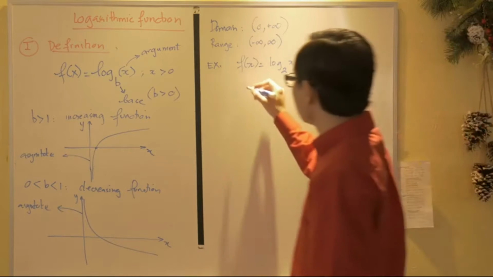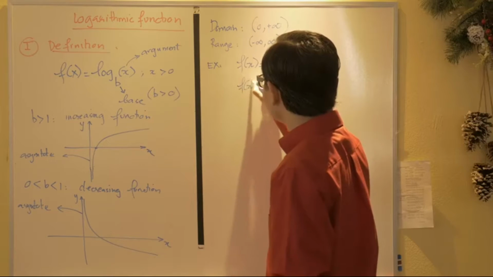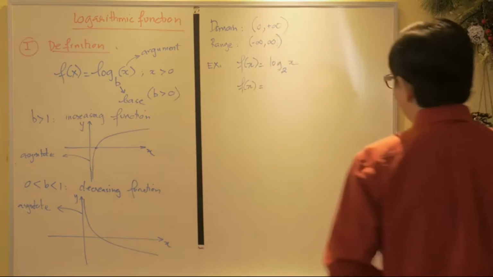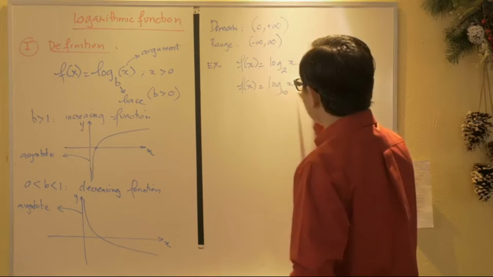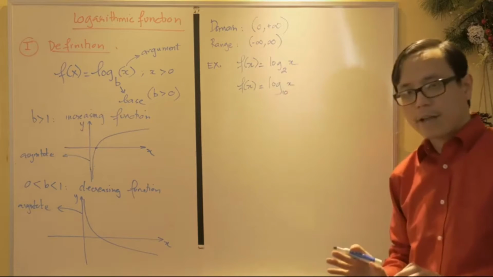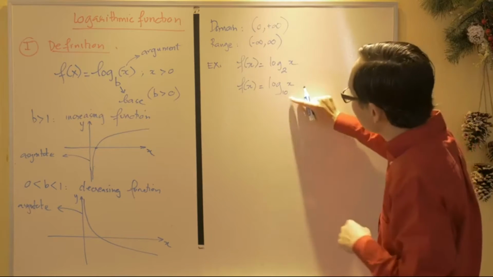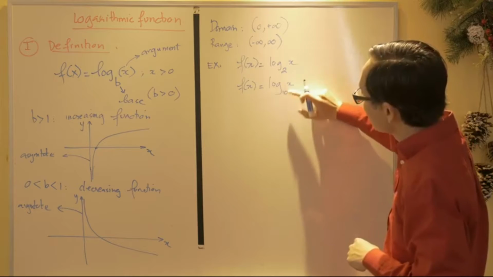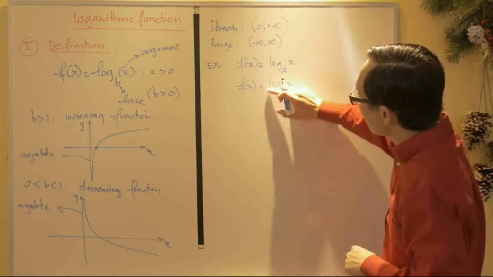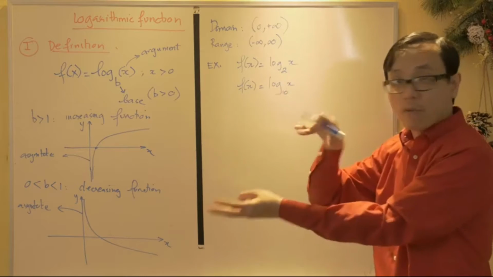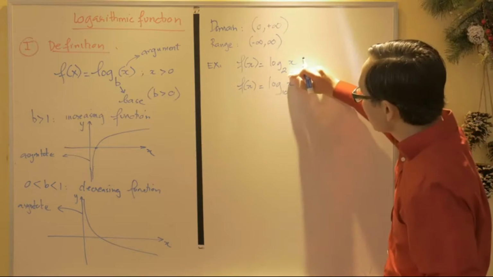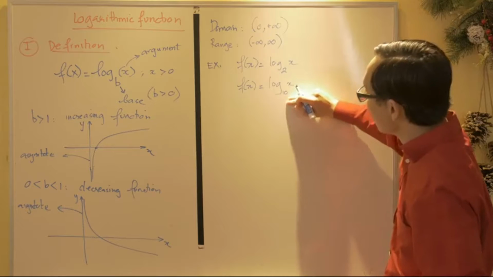Or I can have something like this. f of x equal to log base 10 of x. You see, I'm writing very carefully. The base, the subscript, I always write lower than the log and the argument. The log and the argument are on the same level; however, the base is a subscript, so I write it lower.